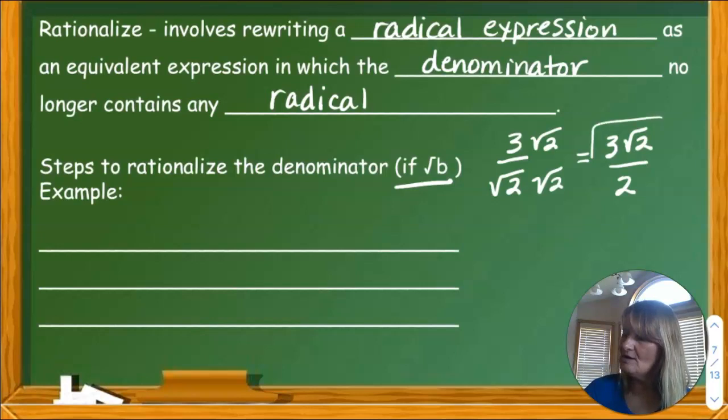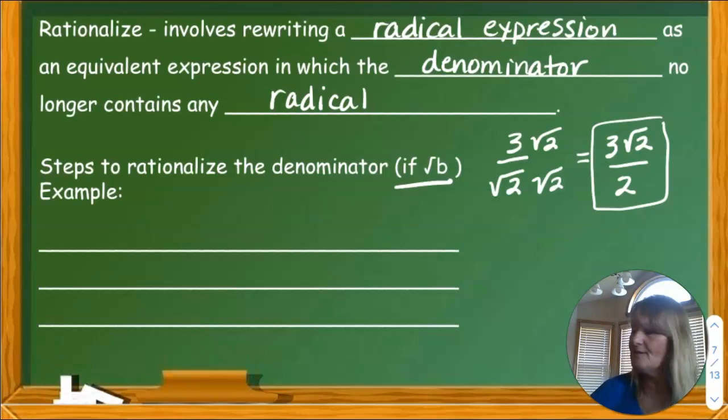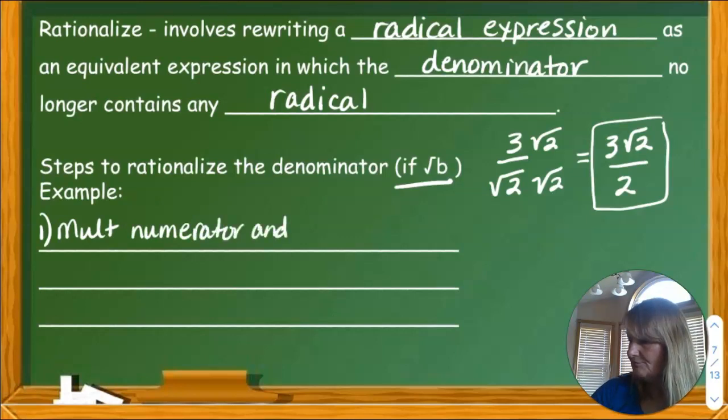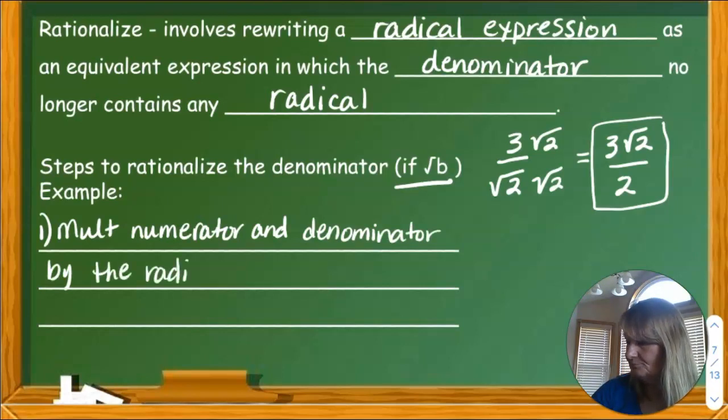Now, we'll make them a little bit difficult here and there, but for the most part, those are your steps. So let's just write those down. We multiply the numerator and denominator by the radical expression in the denominator.